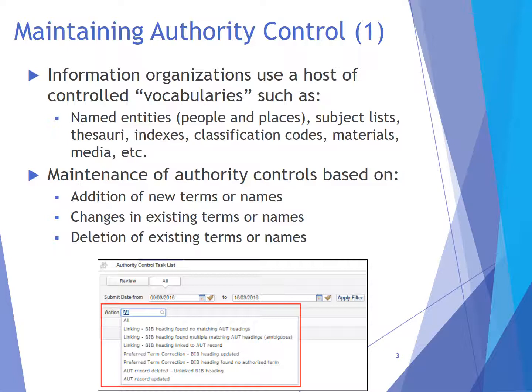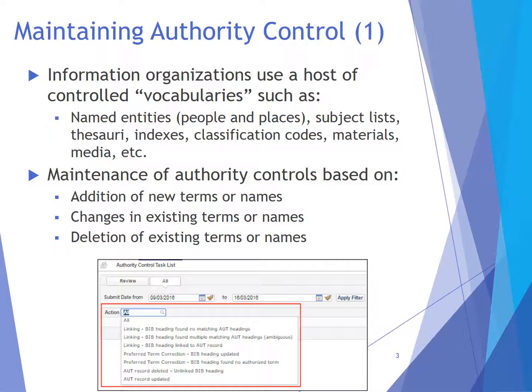All of those can be contained in controlled lists. You are introduced to a number of them, like the name authority file at the Library of Congress, the Library of Congress subject headings again, the Getty vocabularies. All of those vocabularies need to be maintained.